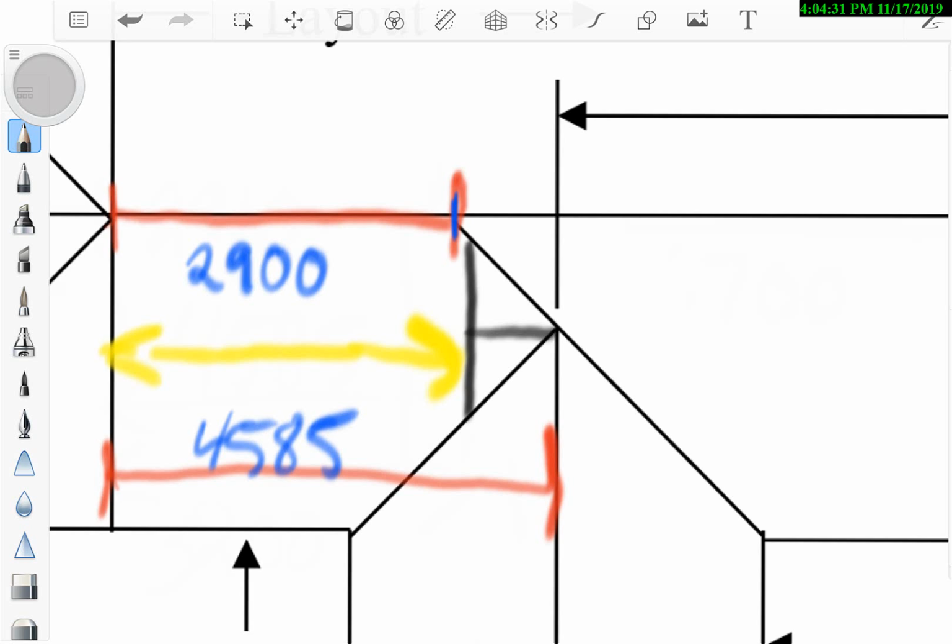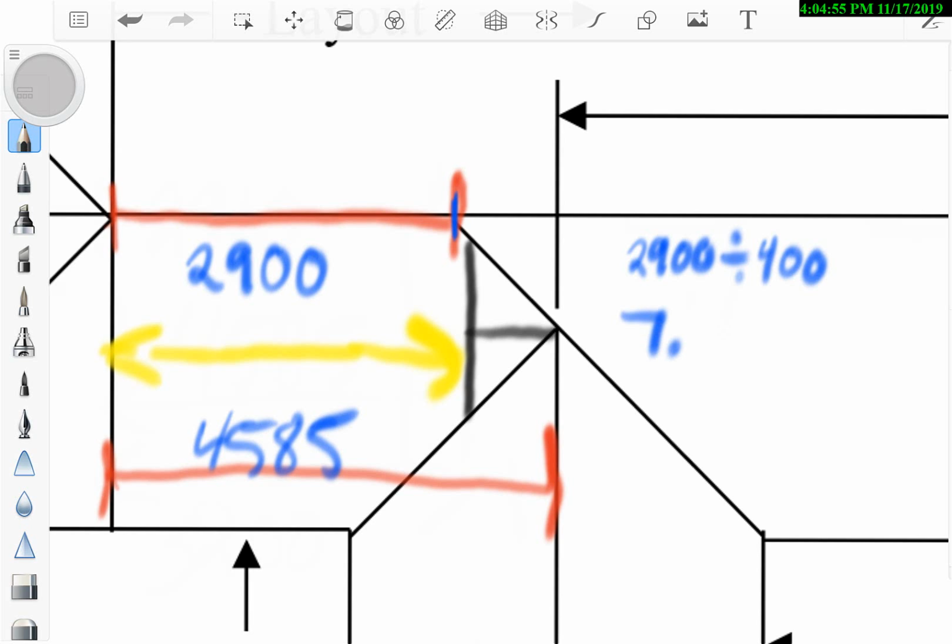So we'll take the 2900, I'll get my calculator handy. We're going to divide that by our on-center spacing of 400. And what does that give us? So 2900 divided by 400 gives us 7.25.